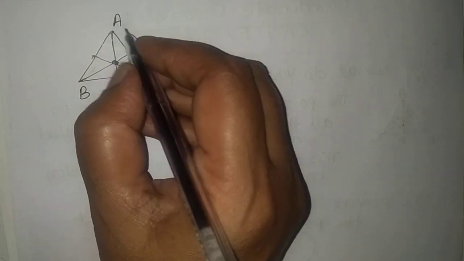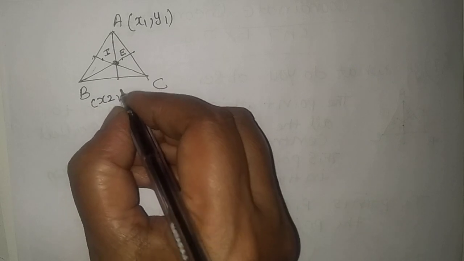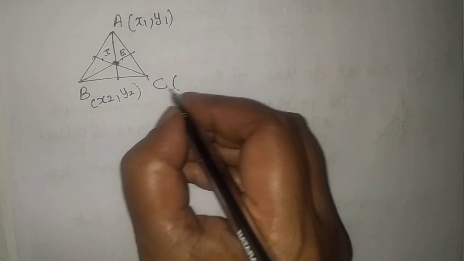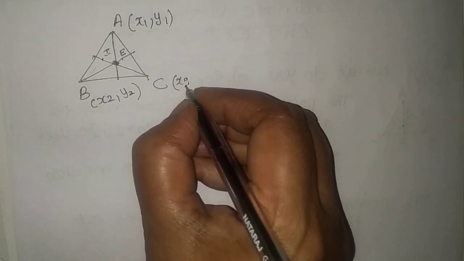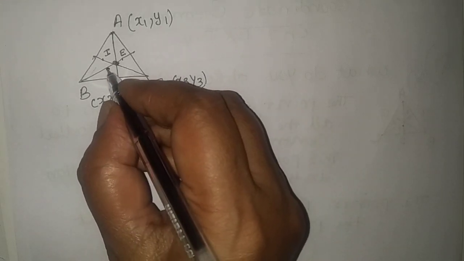Then A, B, C here, then we'll write E here and F here, then this is A (x1, y1), then here B (x2, y2), then here C (x3, y3), then this is D, then this is G.